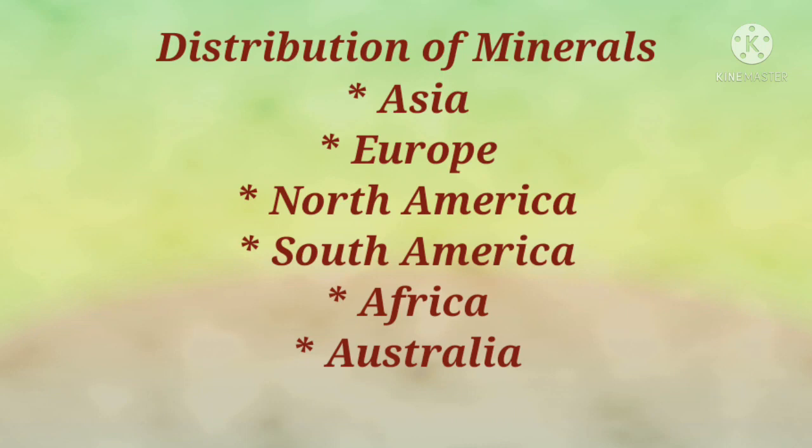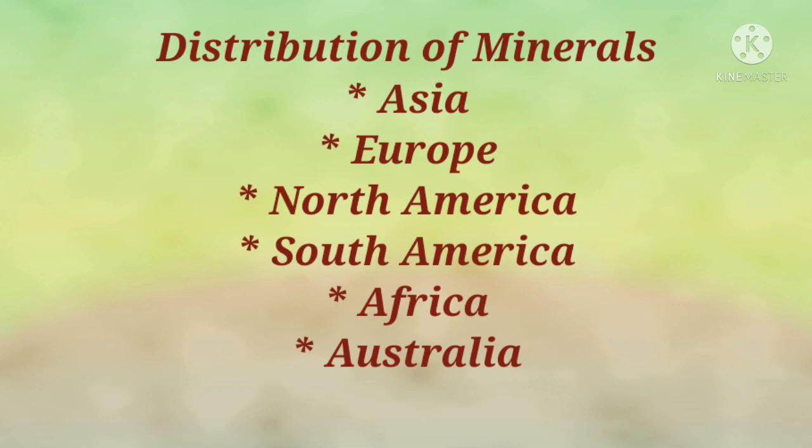Students, mineral fuels are also found in the sedimentary strata. Now we are going to discuss distribution of minerals in major regions: Asia, Europe, North America, South America, Africa, Australia and Antarctica.